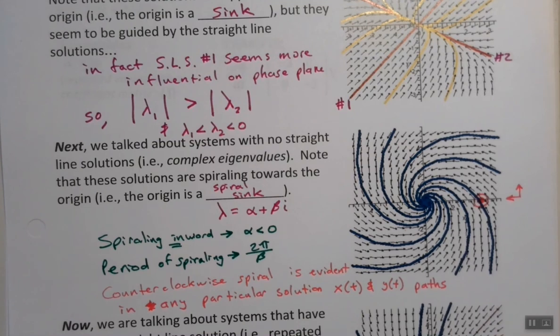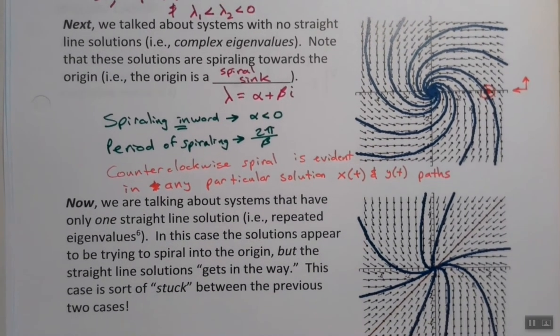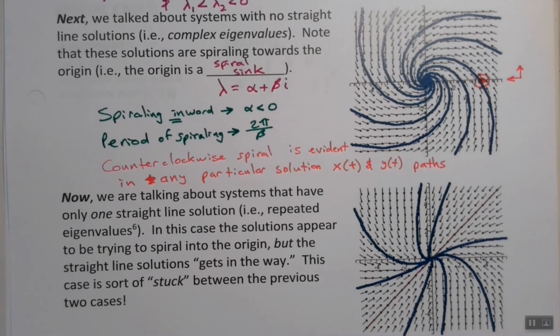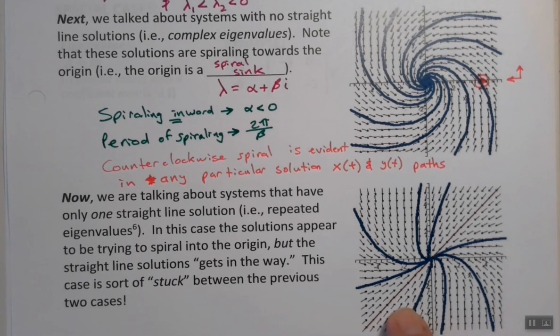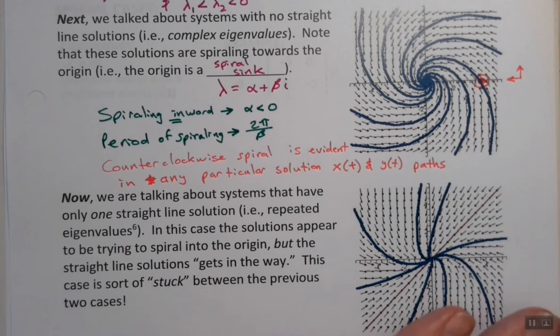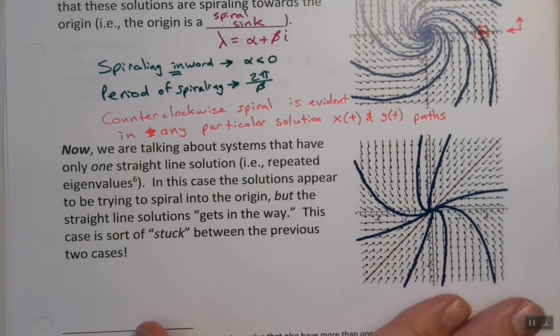And so last but not least, the third situation on this page, we're talking about systems that have only straight line solutions. So repeated eigenvalues: only one straight line solution and that's it. It's almost like everything else gets caught by the fact that there's only one straight line solution.